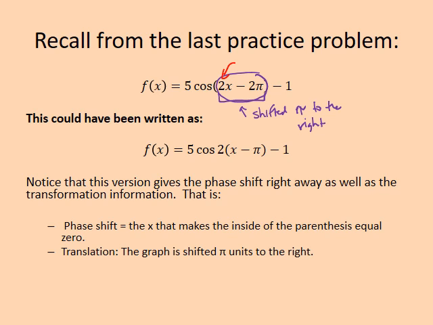So notice how there's a 2 there and a 2 here. So you can factor out the 2, and you're left with 5 cosine of 2, the quantity, x minus pi, minus 1. Notice, if you remember from transformations, that this minus pi right here means since it's inside the parentheses, we're going to shift it right pi.